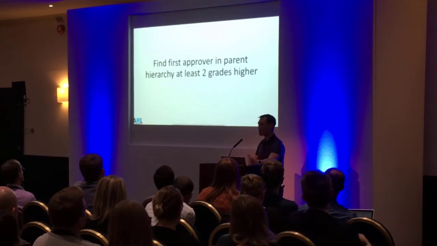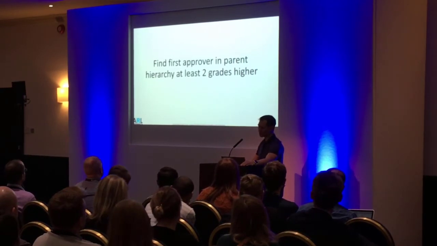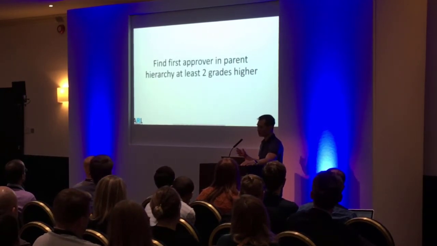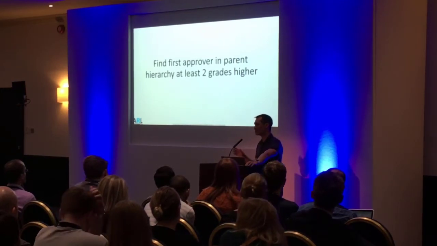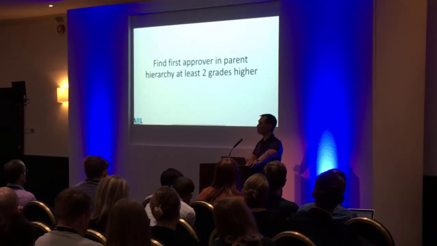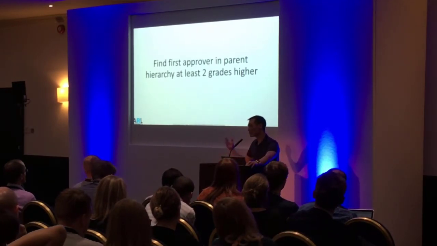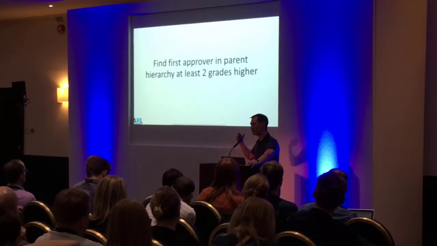OK, so this is a question that our stakeholders came to us with: find the first approver in the parent hierarchy at least 2 grades higher. Let me give you a little more background behind this question. Within an organization, say somebody needed a pay increase, they would need an approver to do that.